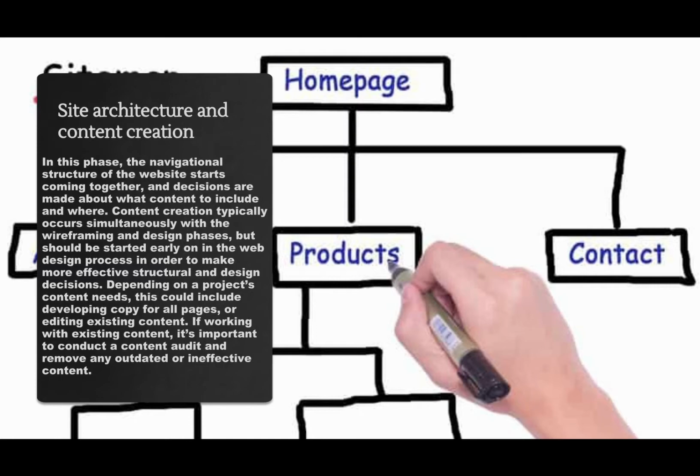So if there's going to be a product page, what products are going to be on each page, or is there going to be a category page for each of these products, and what products link to each category, different things like that.